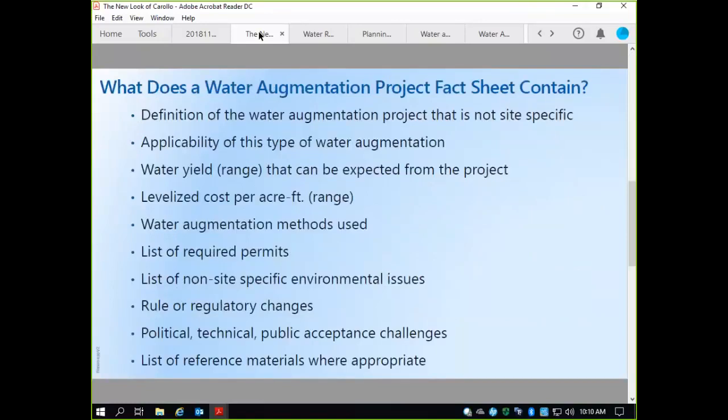So let's talk about what we mean when we say a fact sheet. This is a list of information that we would envision putting in a fact sheet, whether that's 1 page or 2 pages or whatever, the information that's available. We would have a definition of the augmentation project that would lean very heavily on the definitions we've produced previously.